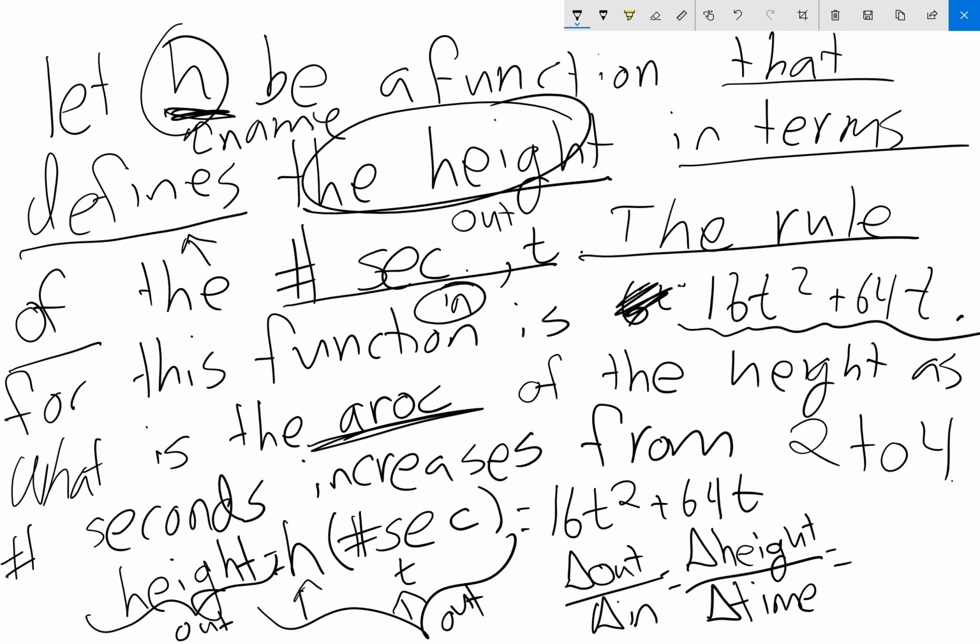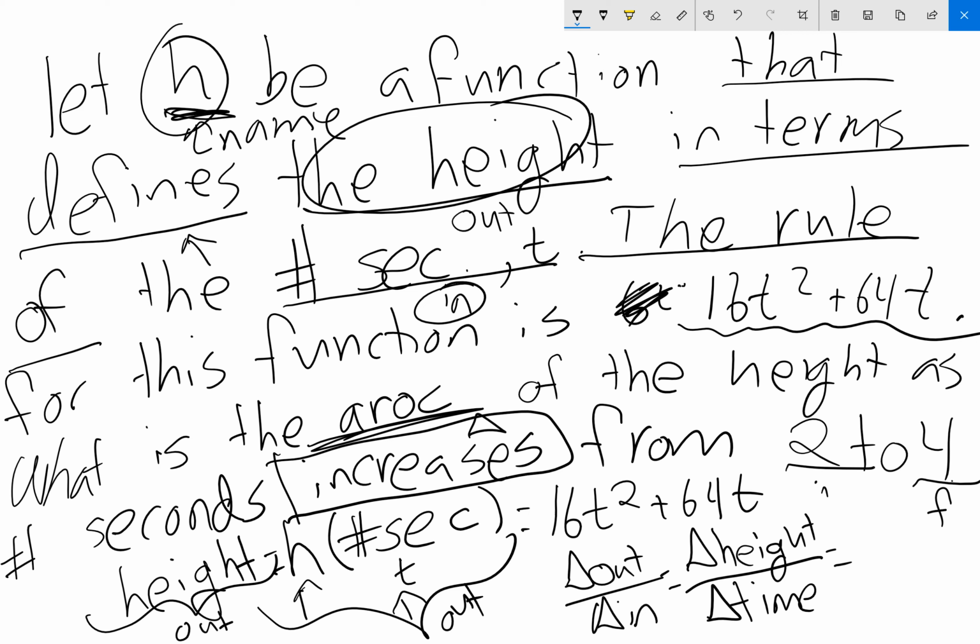As the number of seconds increases from 2 to 4. So when you see stuff like increases or decreases, that's a change, right? We're going from one number to another, whether we're going up, increasing, or down, decreasing. So we're increasing from 2 to 4. We're starting at 2, so that's our initial. We're ending at 4, so that is our final.